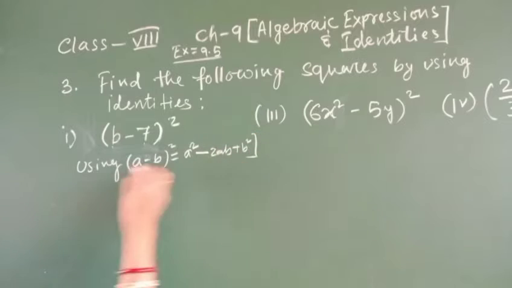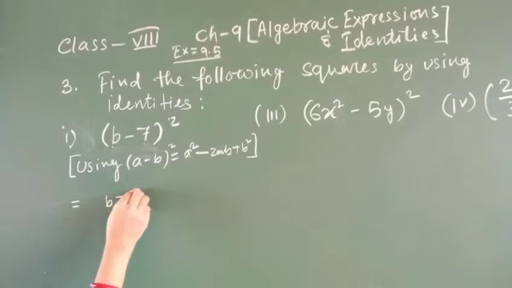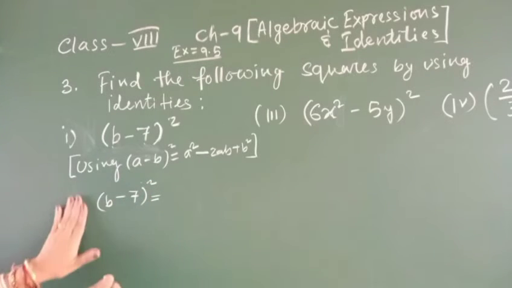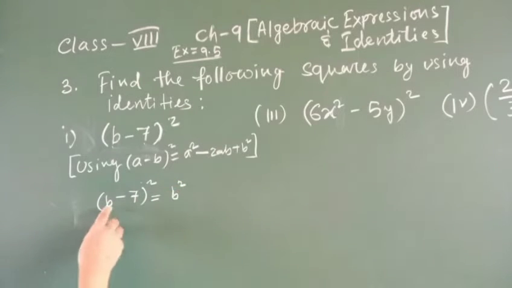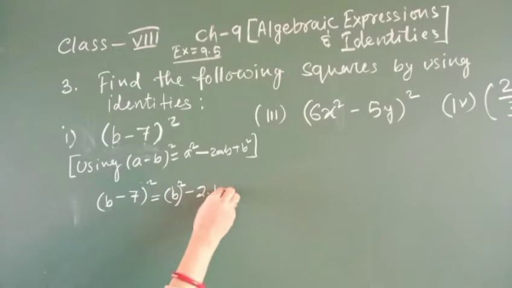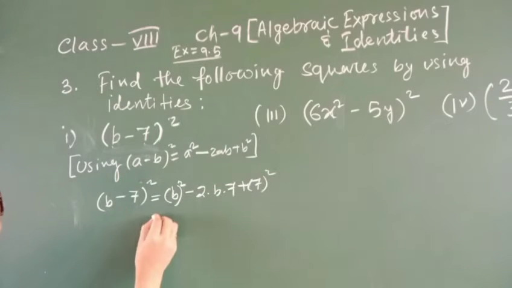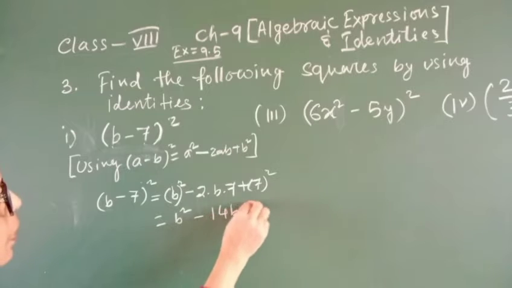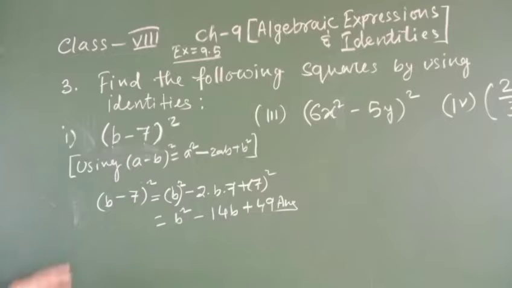This identity we will use here and we will write b minus 7 whole square equal to b square, that means this one is our a here, b square minus 2b into 7 plus 7 square. What can I get here? b square minus 14b plus 49. Understood? This is our question number 1.